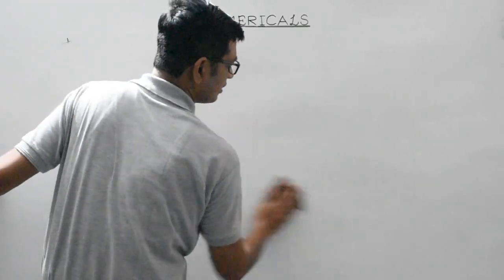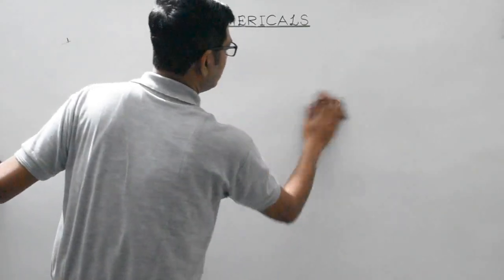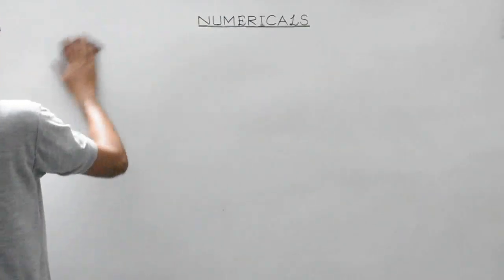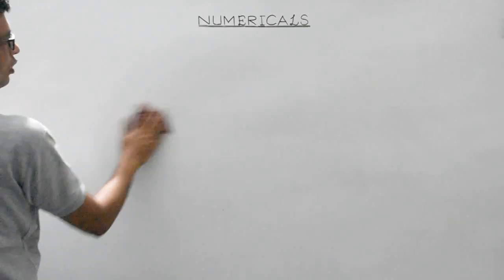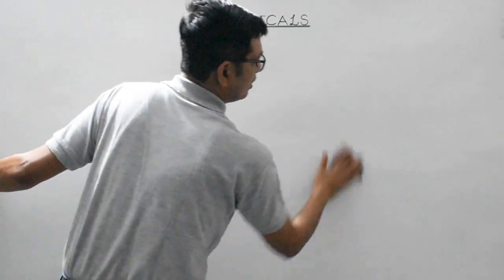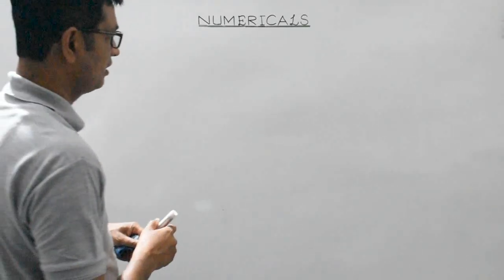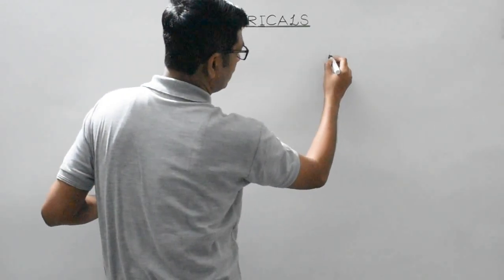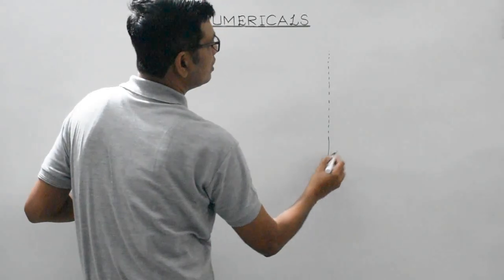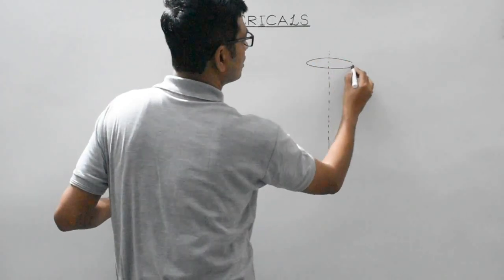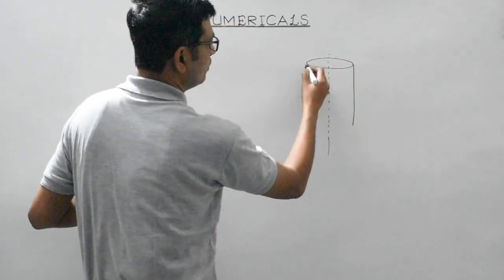So the question is, a conductor is in the form of coaxial hollow cylindrical shells. Coaxial means having a common axis. So this is the common axis I am talking about, and the conductor is in this particular form.